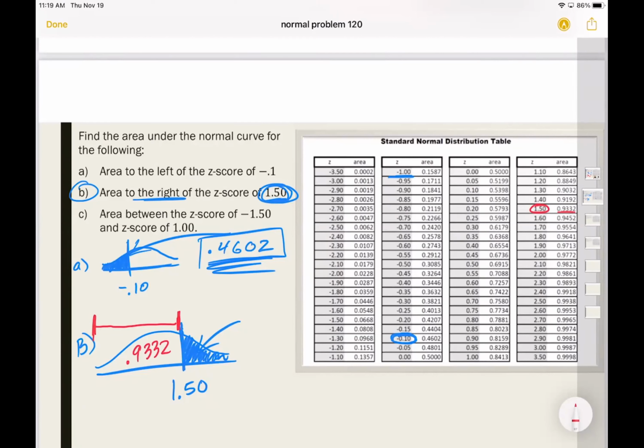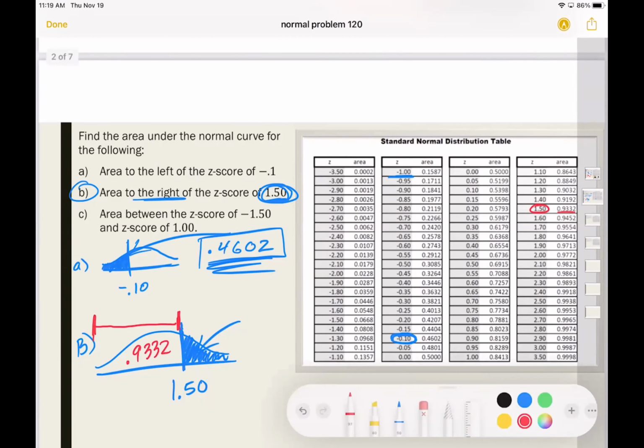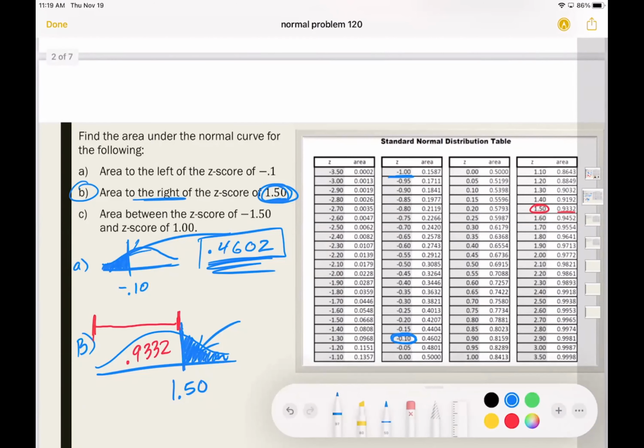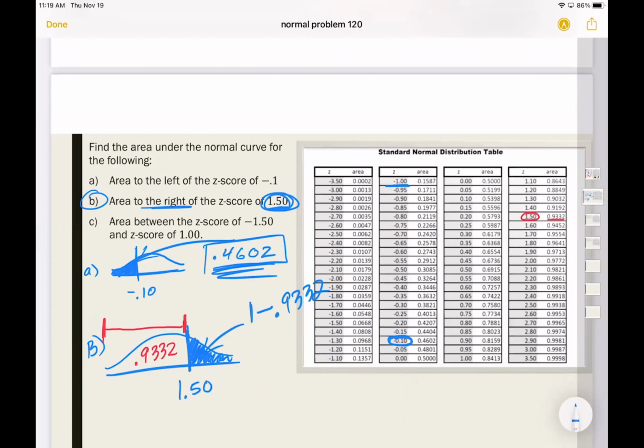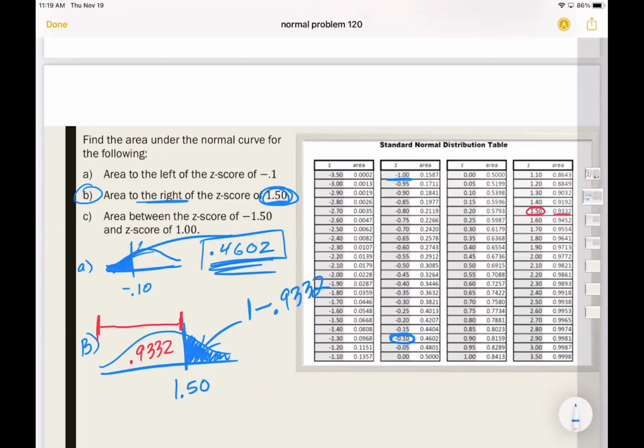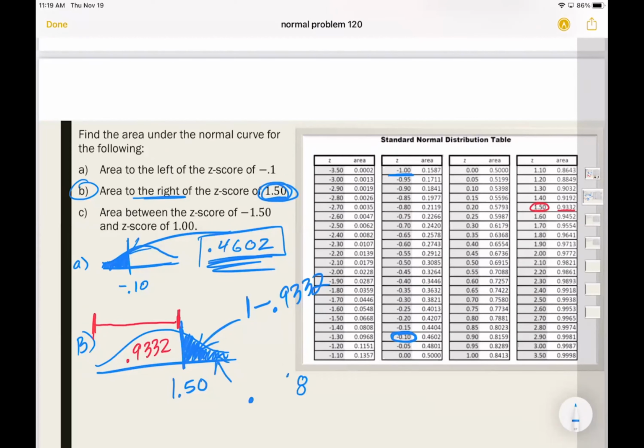Am I looking for the red area? Well, no, right? I'm looking for the blue area, the shaded area. So in order to do this, I need to take 1 minus 0.9332. If I take 1 minus this, the answer will be 0.0668.